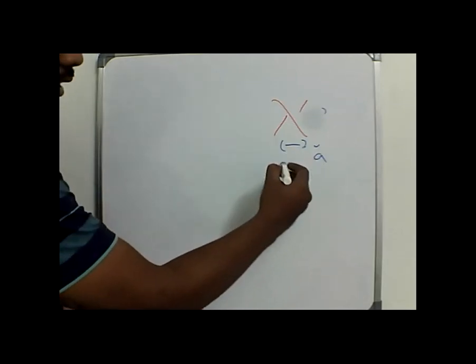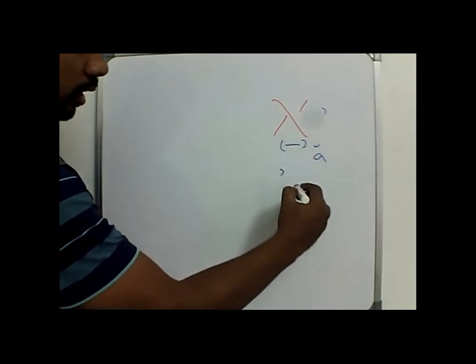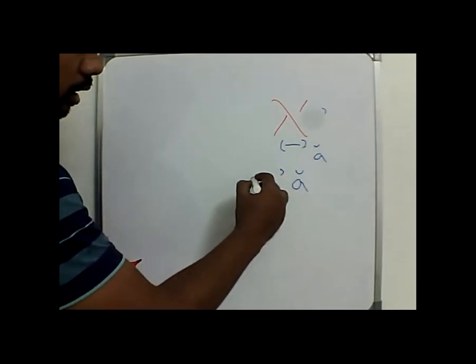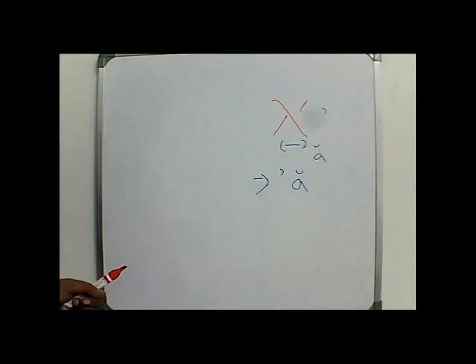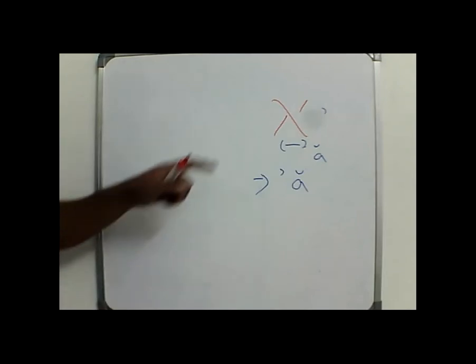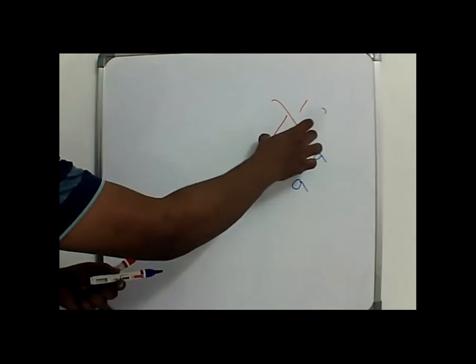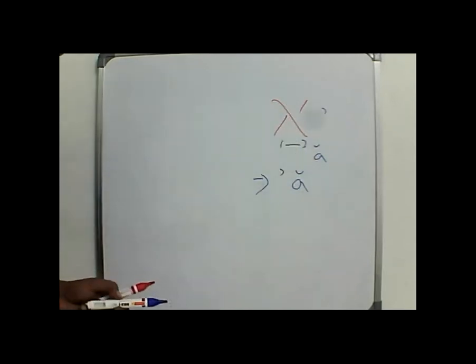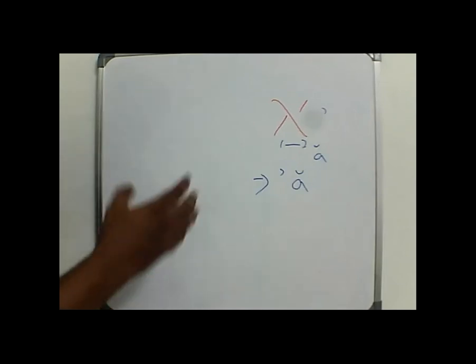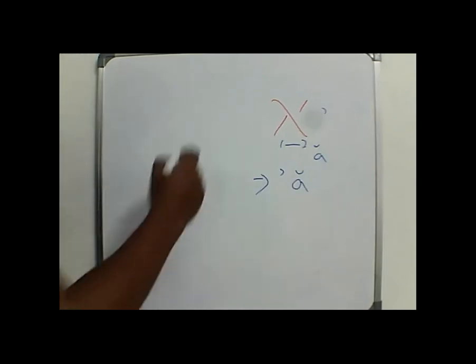Now how we can read it is A. This is the pronunciation or the sound of this letter when it comes along with the vowel. This is about the first vowel, and the next vowel is.